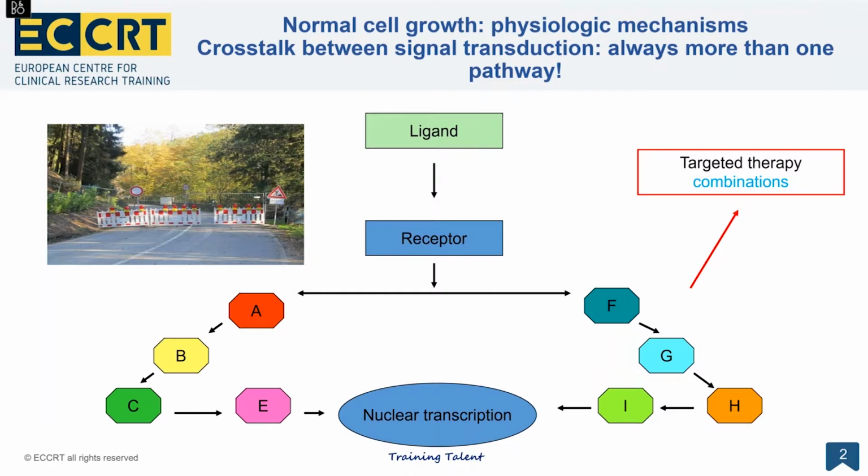If we take a look at our normal cell, and I'm not talking about a cancer cell, but a normal cell, you can see in the middle of this slide that we need a ligand, a protein, our key, and this ligand will bind to a receptor. This is our lock.